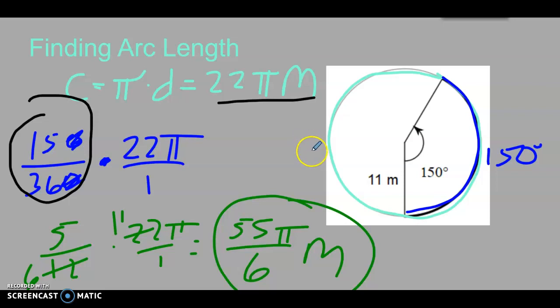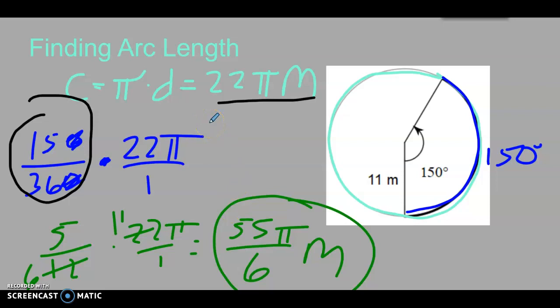You just type in the fraction, 150 ABC 360. Then you just times by 22. It'll do all the work for you, and it'll give you your answer, 55 pi over 6.